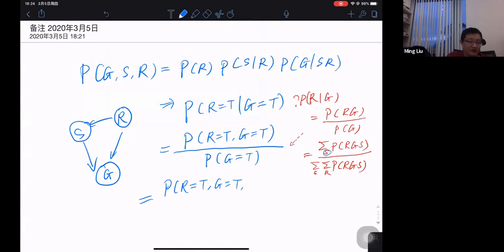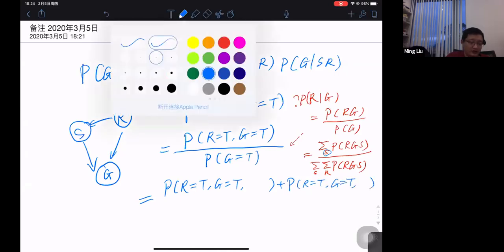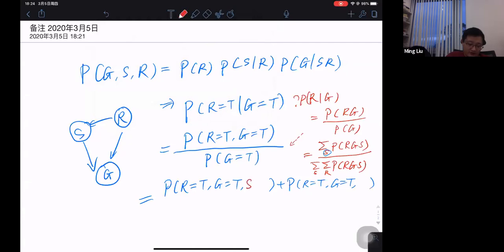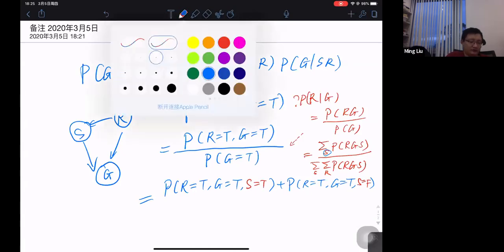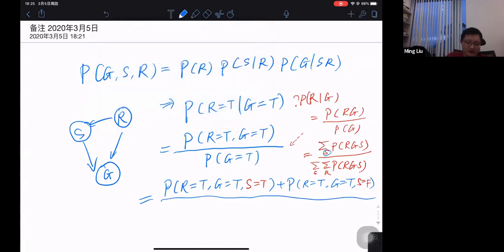So you need to consider two cases: R is true, G is true, and S can be true or S can be false. Then you need to consider the cases of S and R, so actually there are 4 different parts.